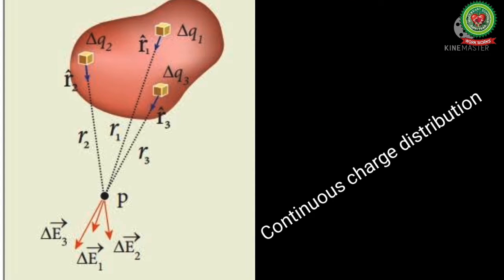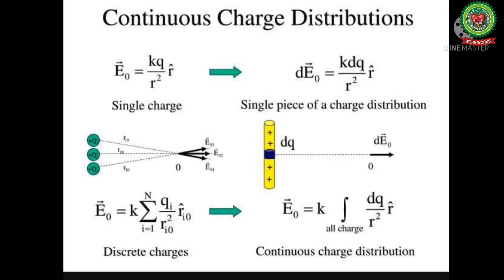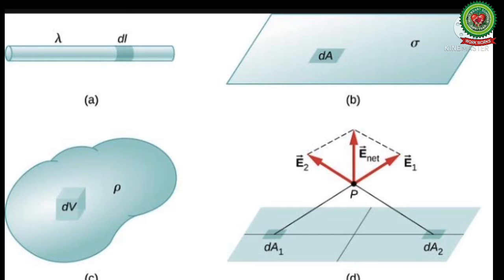Students, a system of charges can be considered as a continuous charge distribution if the group of charges are located very close together as compared to their distance to the point where the intensity of electric field is supposed to be calculated.